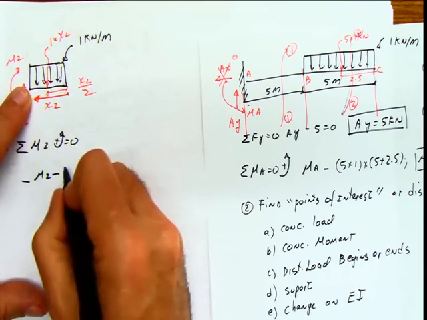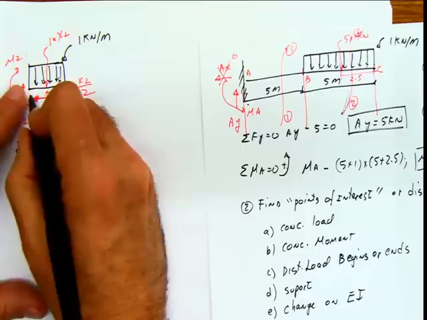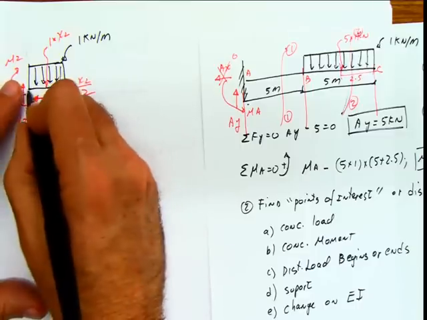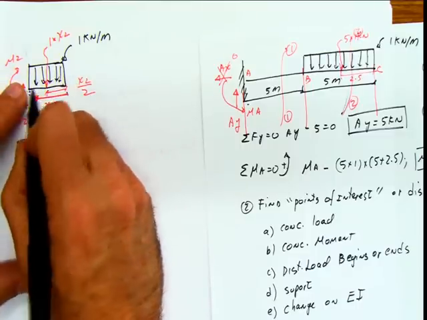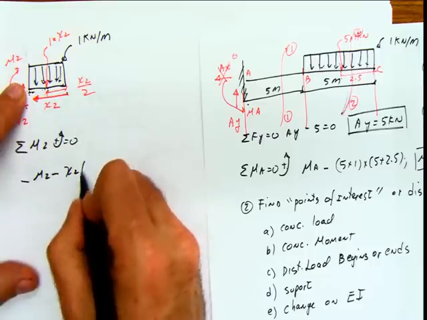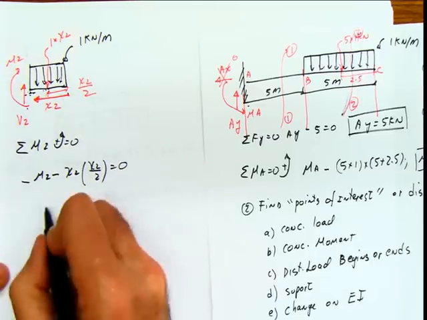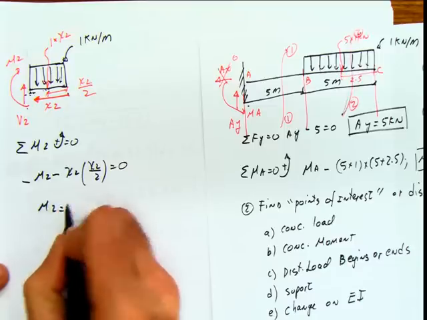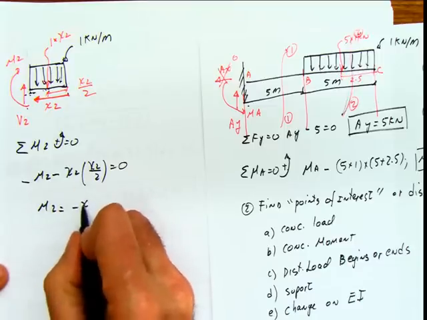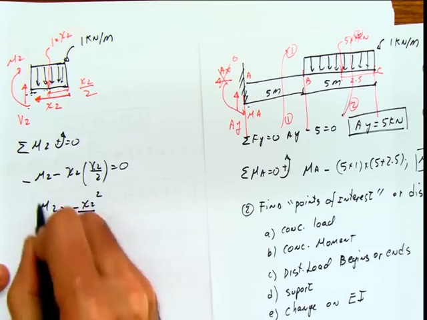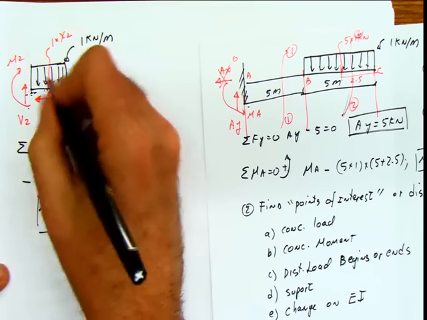This force is x2 multiplied by the distance, but in this case I'm standing at this point, so x2 divided by 2, and that has to be equal to 0. So m2 is going to be equal to negative x2 squared divided by 2. This is my equation of the moment.